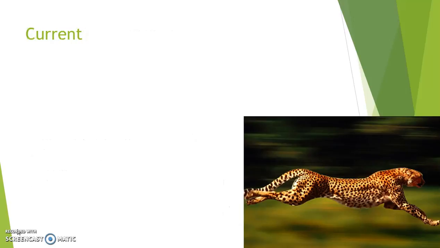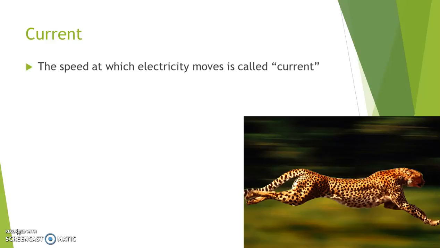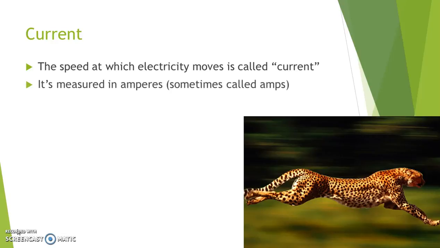Now, the other aspect of our power equation was I for current. Current is the speed at which electricity is moving, the speed at which the electrons are moving. And it's measured in amperes, sometimes called amps.